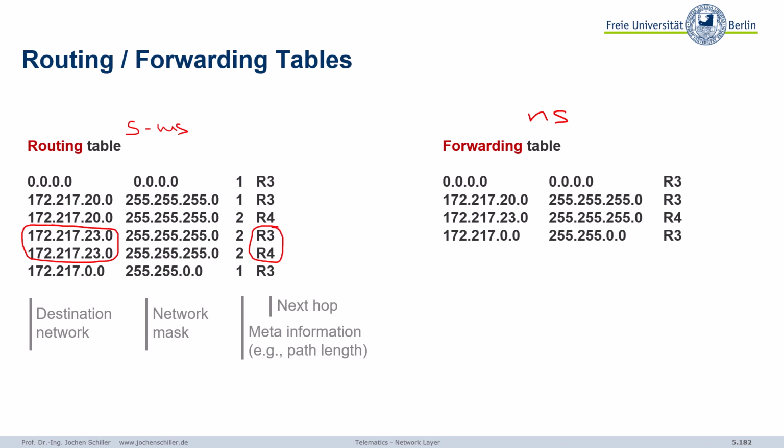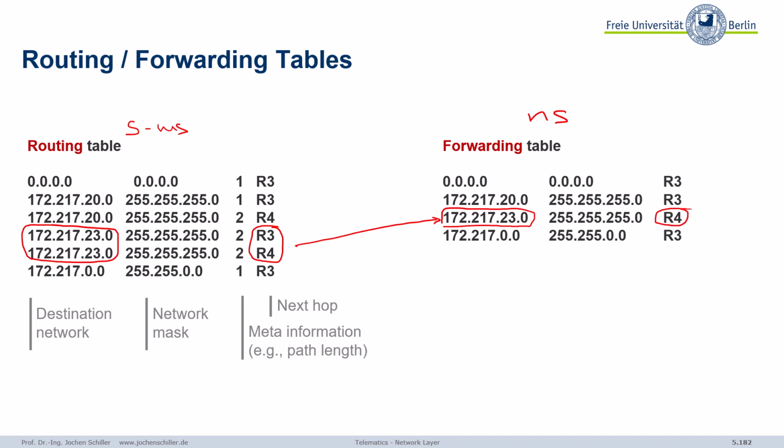So a routing table can have choices, different paths for what can be the next hop. There might also be some meta information, path length, maybe cost or data rates or whatever. In the forwarding table, you don't have these choices. If a packet with a certain network prefix reaches the router, this is the next hop.